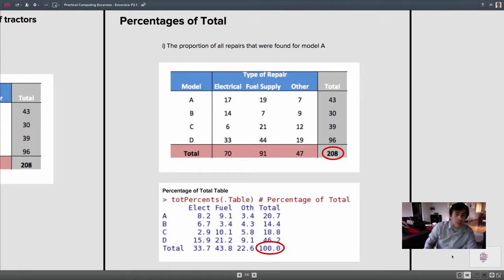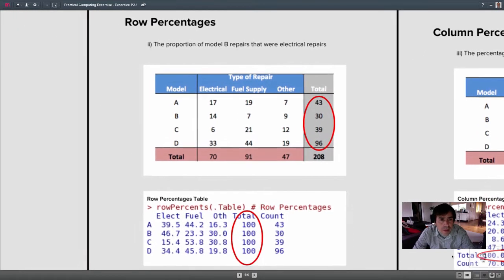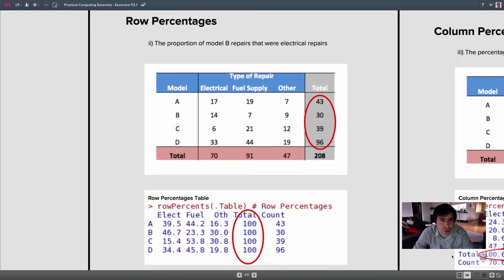The second question is, what is the proportion of Model B repairs that were electrical repairs? I would like you to have a look first at these two tables. As you remember, the total on the right hand side of my table represents the total number of repairs for each model.